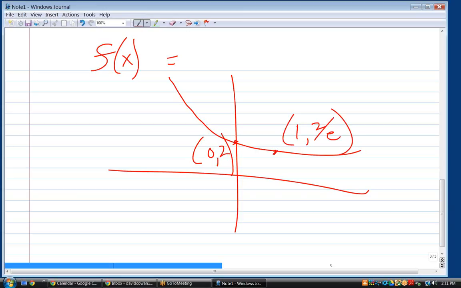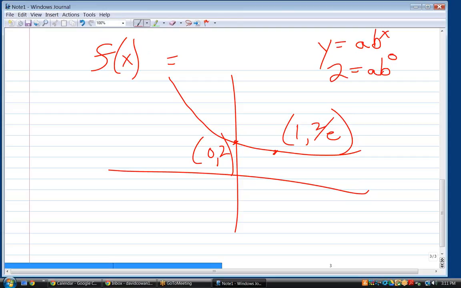So, let's go through the process again. Let's start with the standard format. Which point can I use to solve for A? The first point, 0, 2. Okay. So I've got y, which is 2, equals A times b to the 0th.